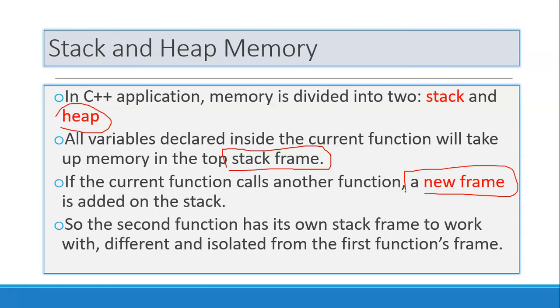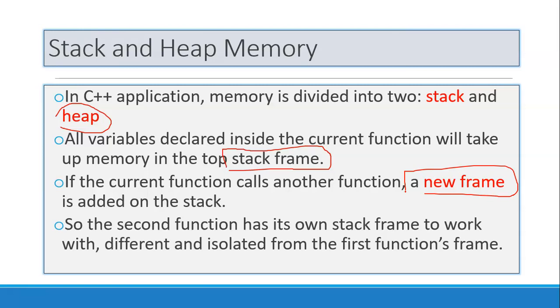Each frame will have information about that function. The variables declared for that function will be managed on that frame, and these frames are actually placed in a stack data type.